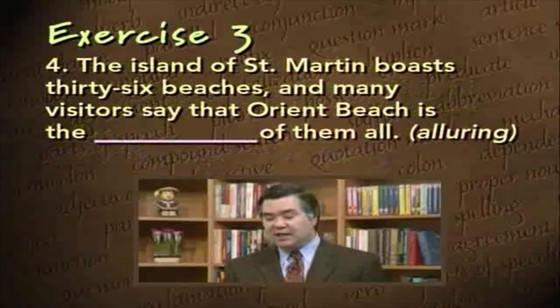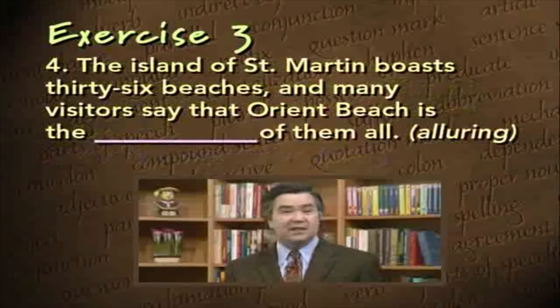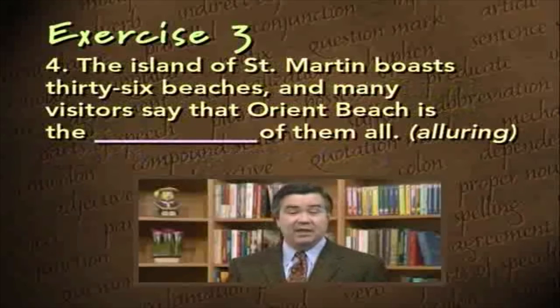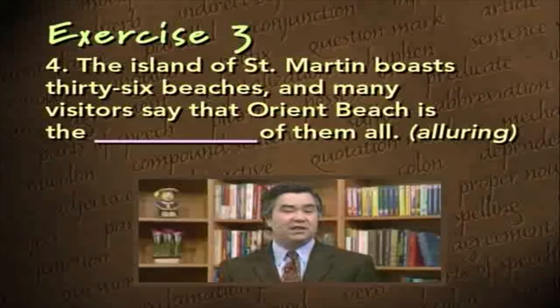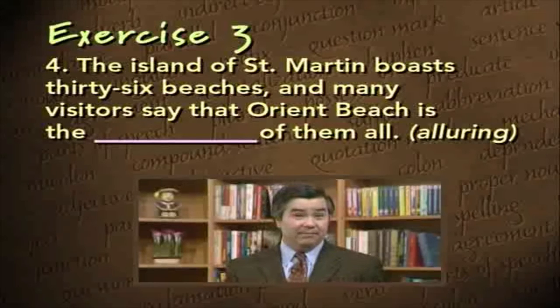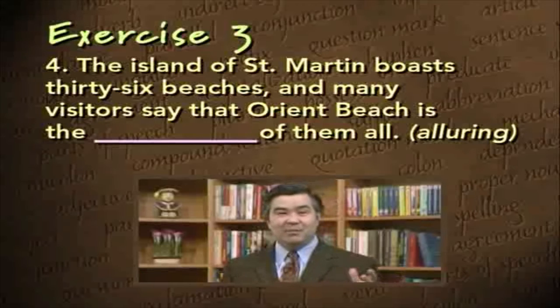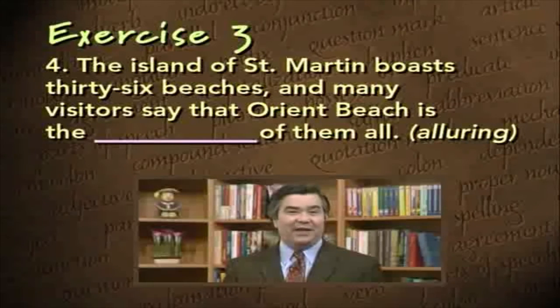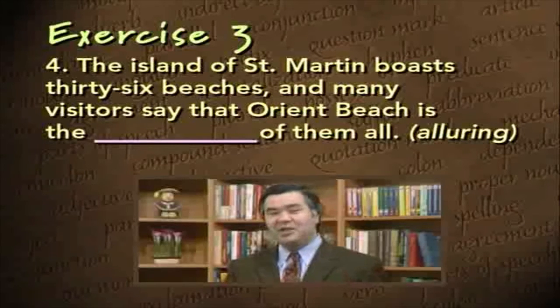Next sentence. The island of St. Martin boasts 36 beaches, and many visitors say that Orient Beach is the blank of them all. And the positive degree of the adjective is alluring. First, how many things are we comparing? Well, obviously more than two. In fact, the sentence tells us there are 36 beaches involved.